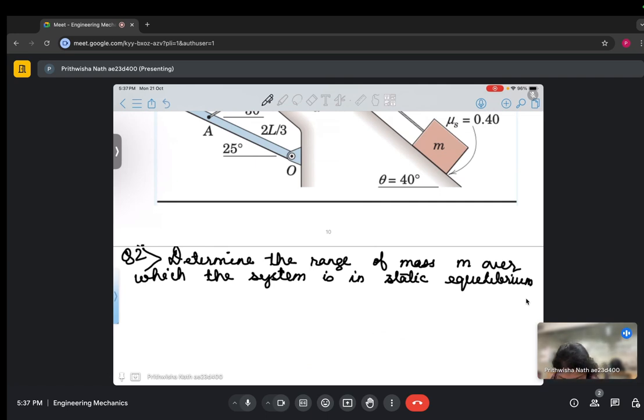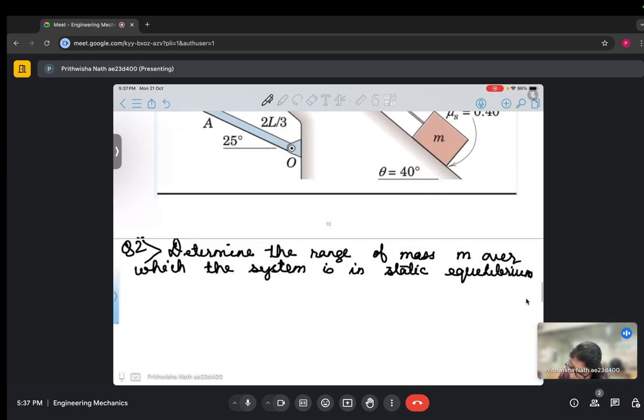So the coefficient of static friction is given between the chord and the upper curved surface is 0.20, while that between the block and the incline is 0.40. Neglect friction at point O. Okay, so this is already mentioned.